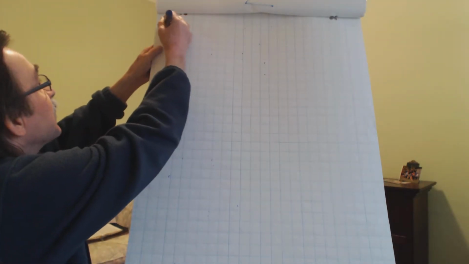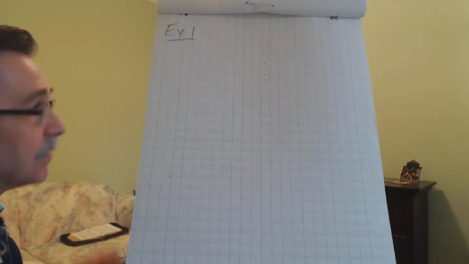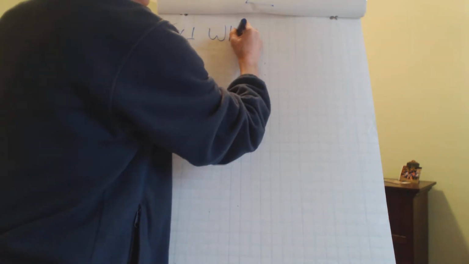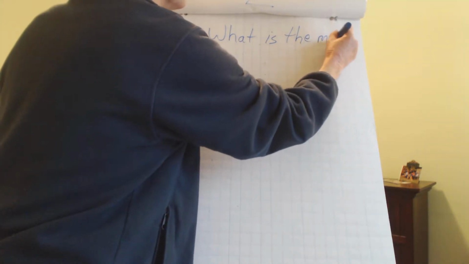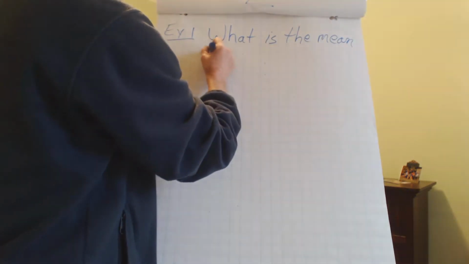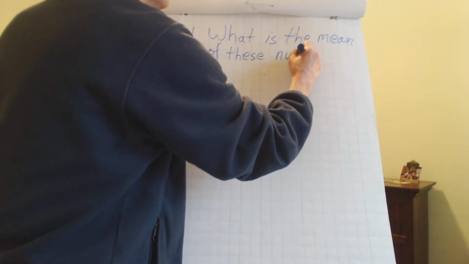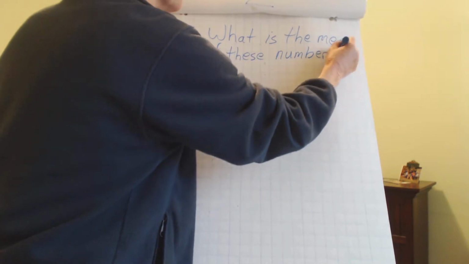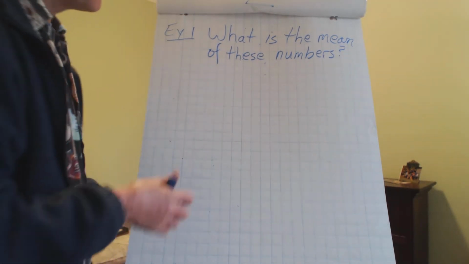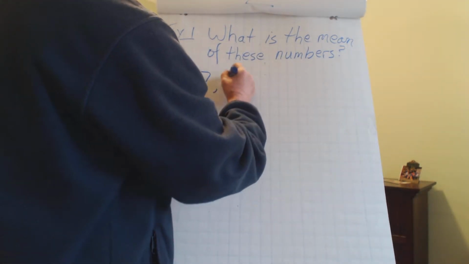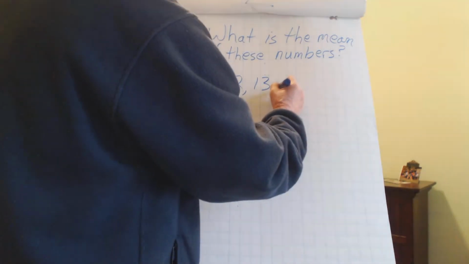So let's just give you a real simple example here, and this part won't be new. Example 1. What is the mean of these numbers? Here are the numbers: 7, 12, 13, 15 and 19.